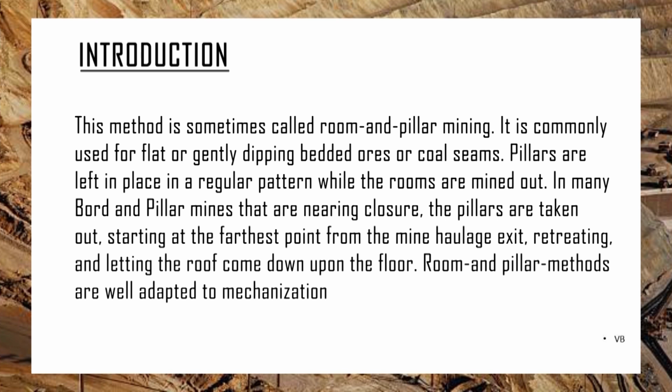In many board and pillar mines that are nearing closure, the pillars are taken out starting at the farthest point from the mine haulage exit, retreating and letting the roof come down upon the floor. Room and pillar methods are well adapted to mechanization.